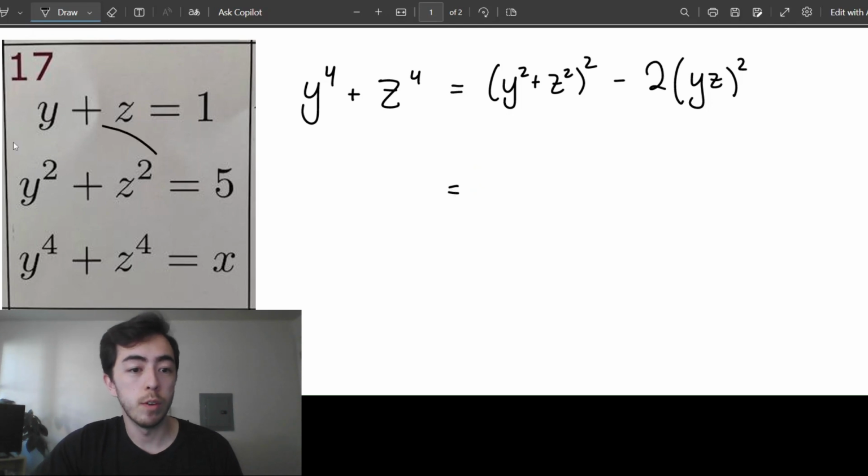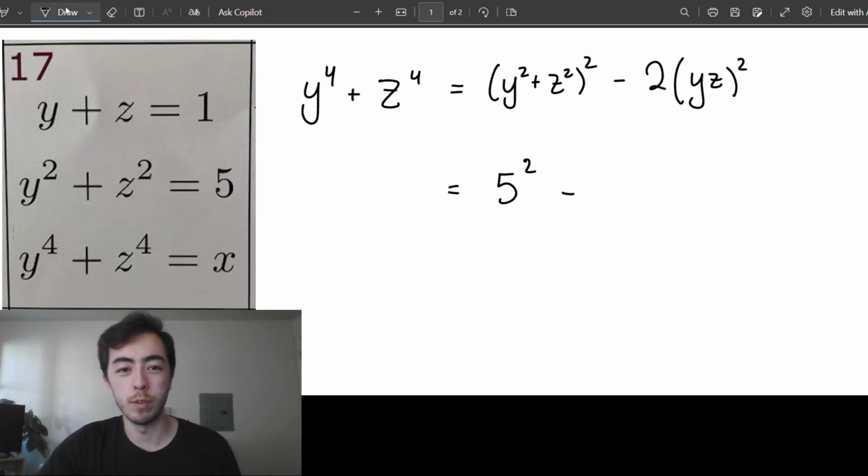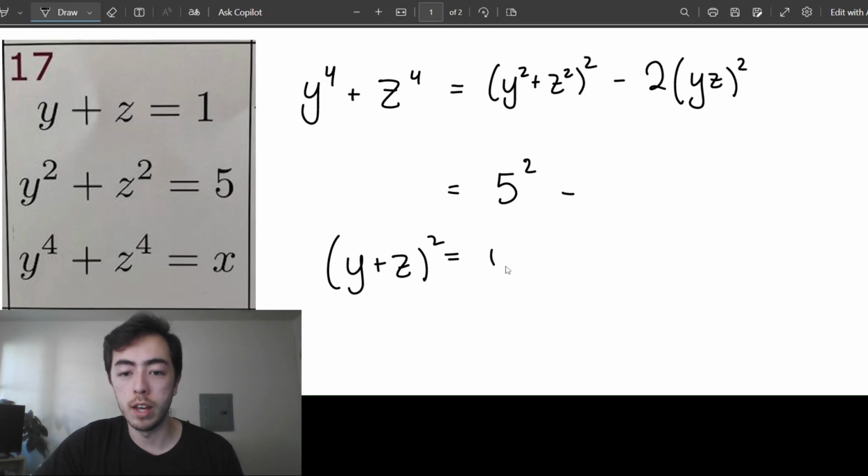Now, I do have y squared plus z squared. That's just the number 5, so I can easily substitute in a 5 squared, although I don't have yz just yet, though I think I have a way to figure out an expression for yz. Here I'll do basically the same thing as earlier, but I'll just do y plus z squared, and when you multiply it all out, you're going to get something that looks like this.